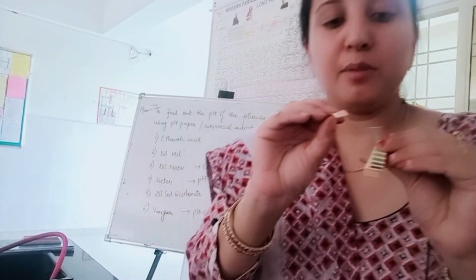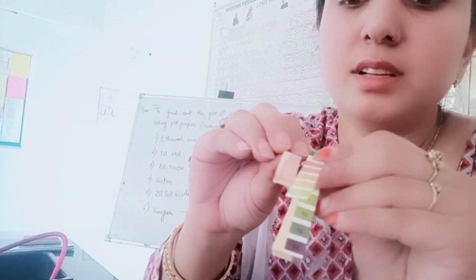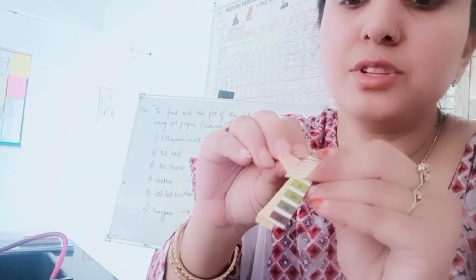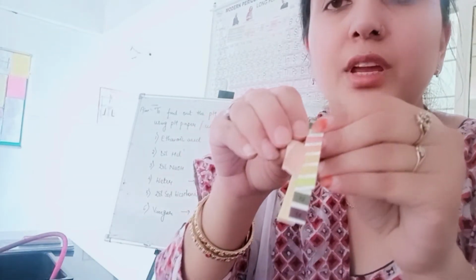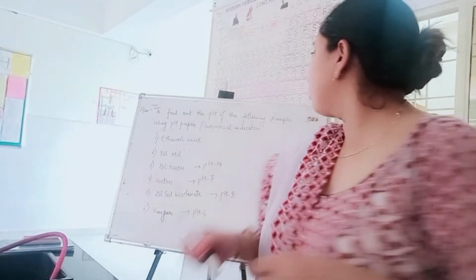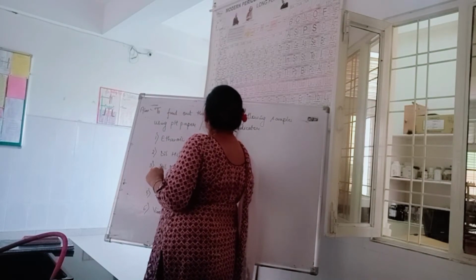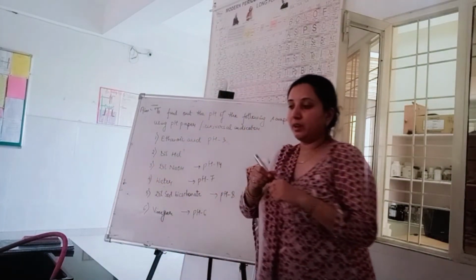So if you look over here, its color is matching up to the 3. So the pH of ethanoic acid is 3 over here.